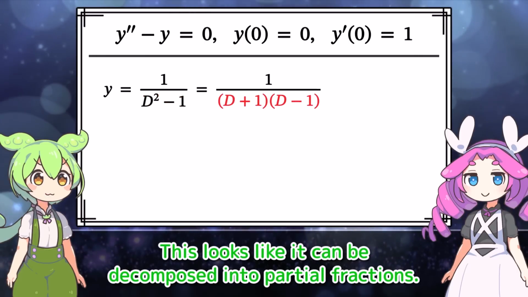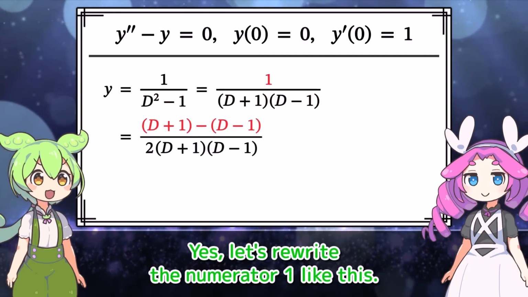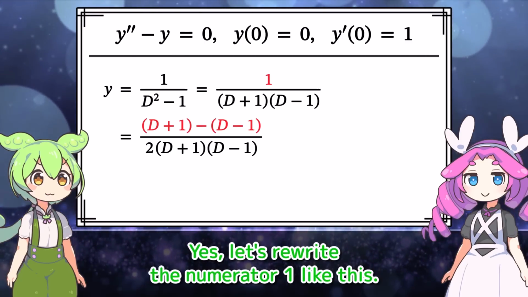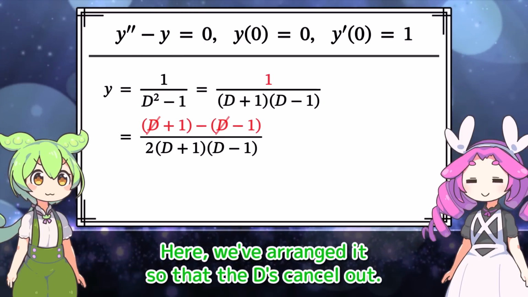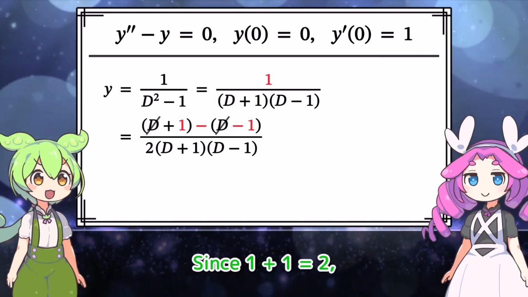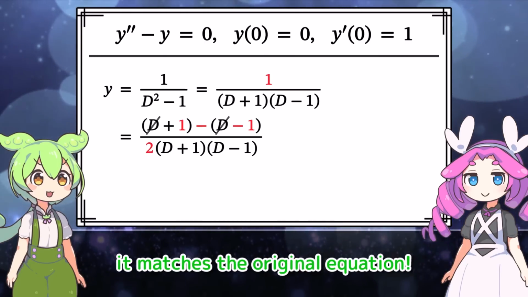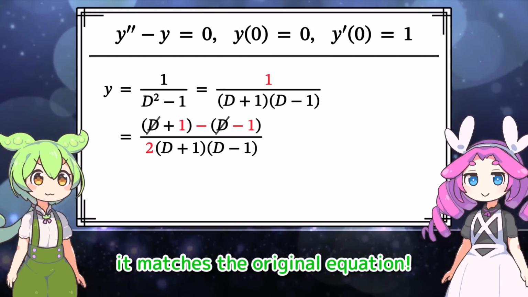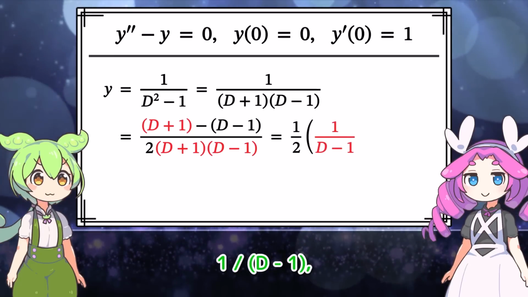This looks like it can be decomposed into partial fractions. Yes, let's rewrite the numerator 1 like this. Here we've arranged it so that the d's cancel out. Since 1 plus 1 equals 2, multiplying the denominator by 2 ensures that it matches the original equation. And this part becomes 1 over d minus 1.